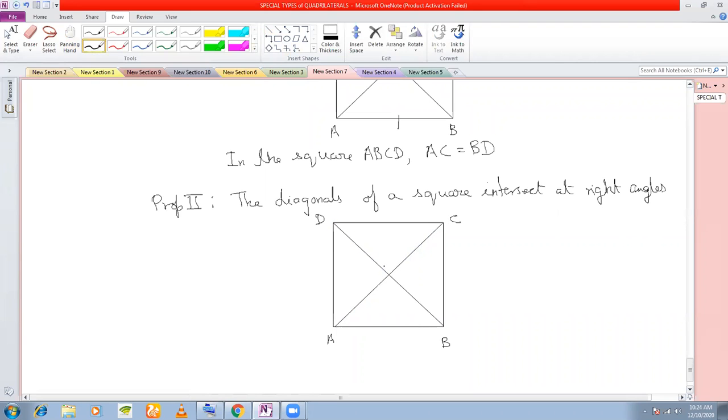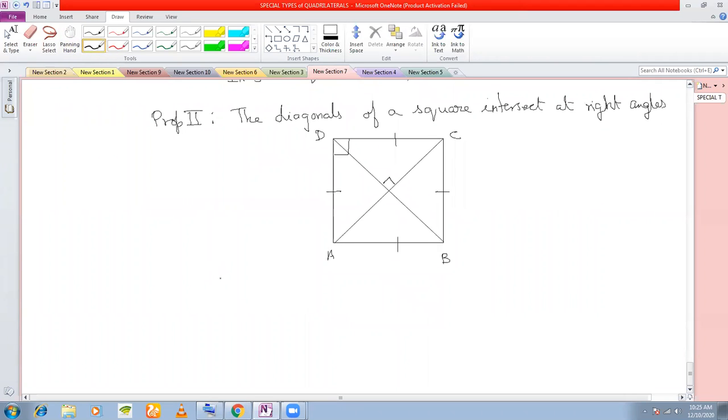So this angle must be 90 degree. In the square ABCD, you have AC perpendicular to BD. So this is what the second property is.